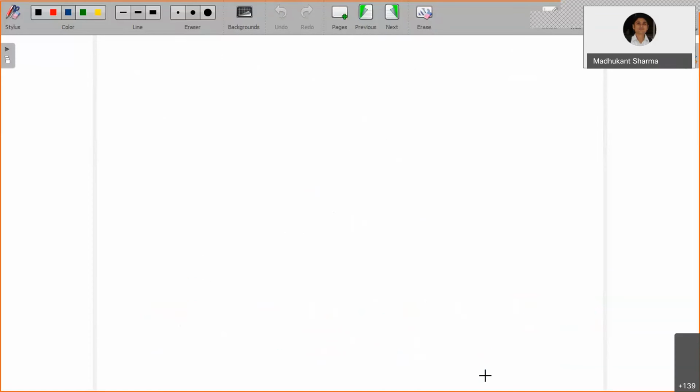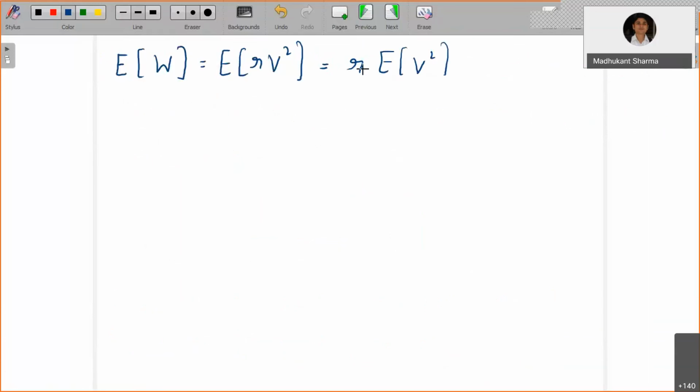I am interested in finding the expectation of W. That's going to be the expectation of R times V squared, which is R times the expectation of V squared, since R is a constant. Now the R value is given to you, that is 3. What is the expectation of V squared?